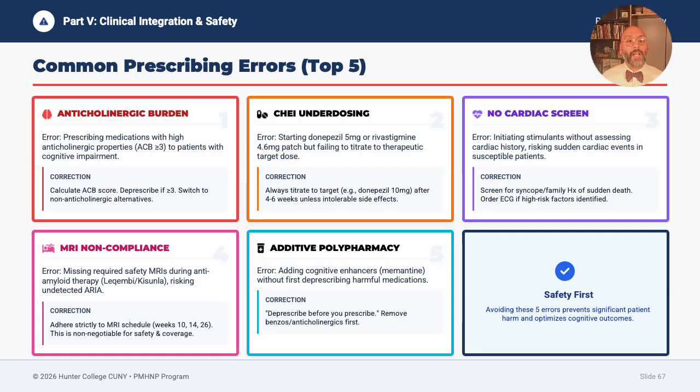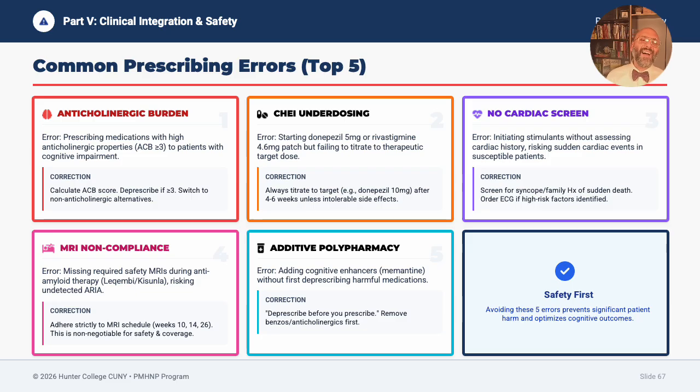and consider cardiology consultation. Fourth, the MRI non-compliance with anti-amyloid therapy. Missing required safety MRIs risks undetected ARIA, and these imaging schedules are non-negotiable for safety and drug coverage. Fifth, the additive effects of polypharmacy are to be considered.